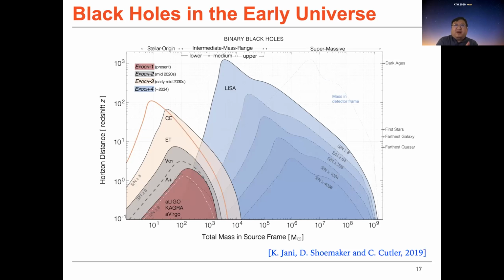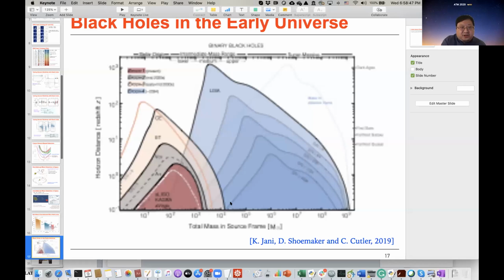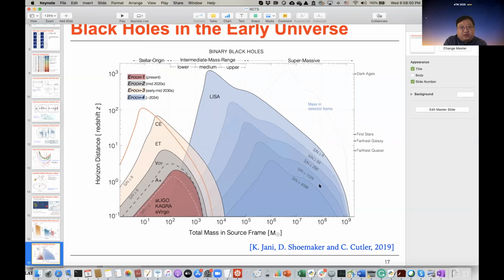Also, the important thing is that they can probe to a very large distance into the universe. This diagram shows that the LISA project is able to probe very heavy black holes, including 10 to the 6 solar mass black holes, which are comparable in mass to the Milky Way black hole. And these are believed to be at the centers of galaxies.